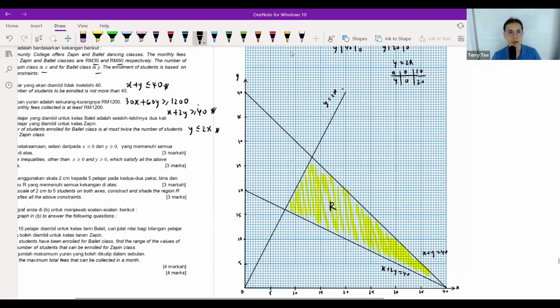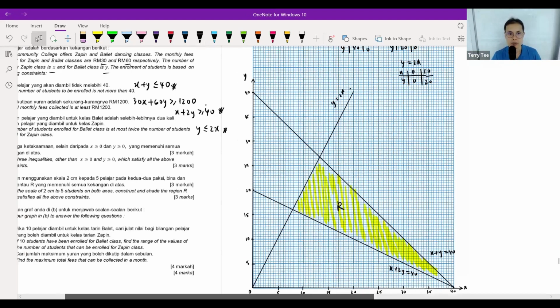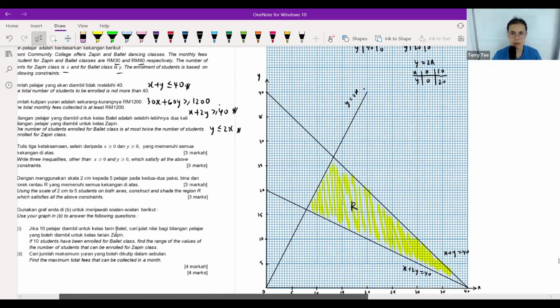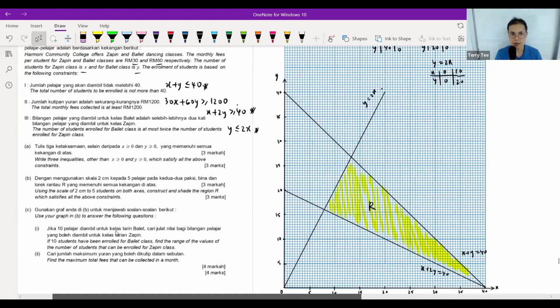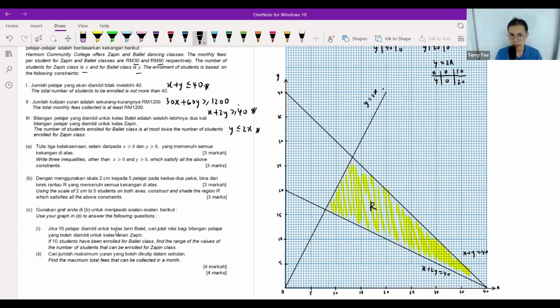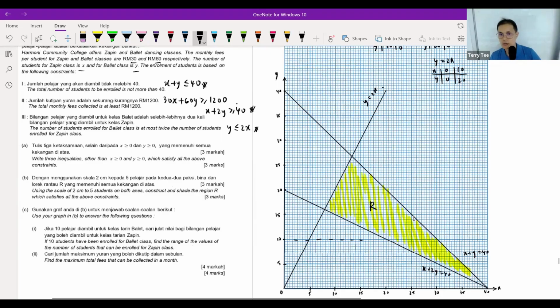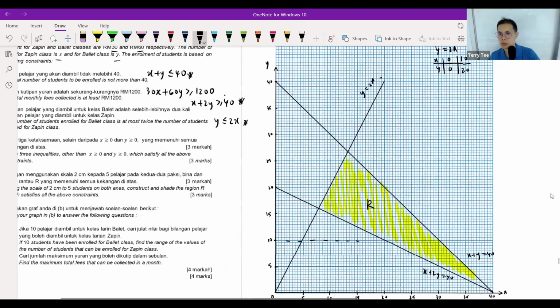Right, now we need to solve the last part. Look at the parts here. They say if 10 students have enrolled for ballet, which is y, find the range of values of the number of students for Zapin. Your y is 10. Find your x. Do a straight dotted line, moving across. Let me zoom in a bit, it's hard to see.